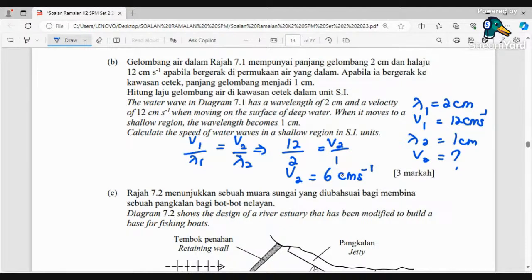Kalau you nak convert to SI unit, you akan dapat 0.06 m s^-1. Okay, just divide by 100. Cm tukar meter. Jadi jawapan 0.06 m s^-1.